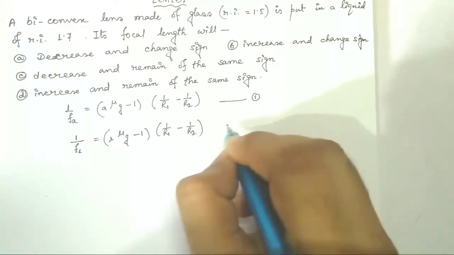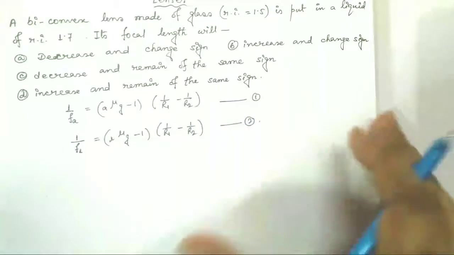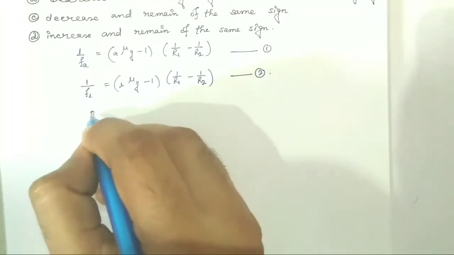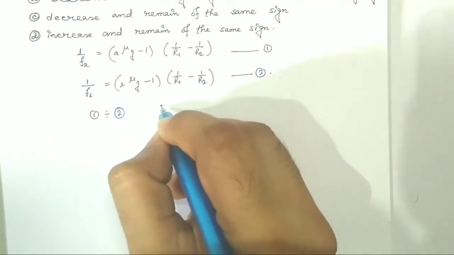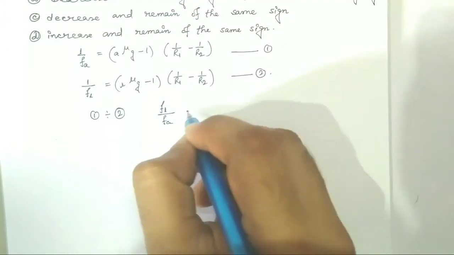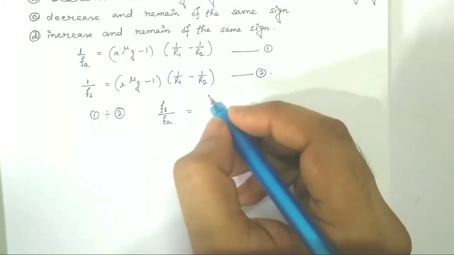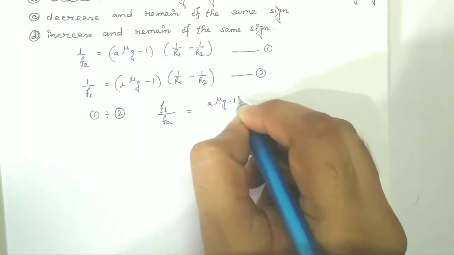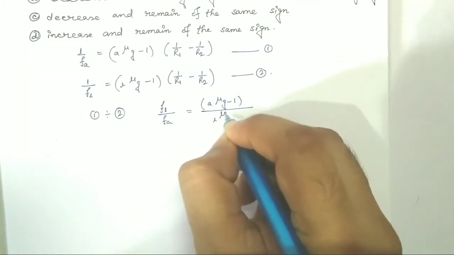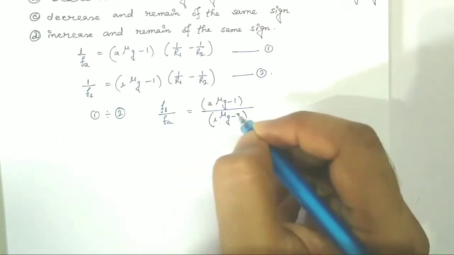This is my equation 1 and this is equation 2. Now divide equation 1 by 2, we get fl/fa = (aμg − 1)/(lμg − 1).